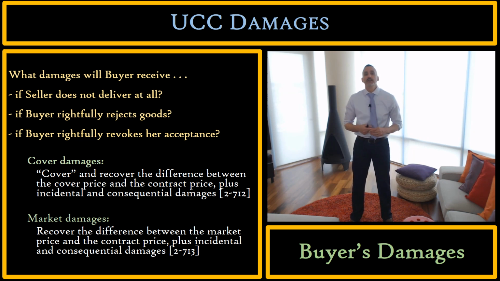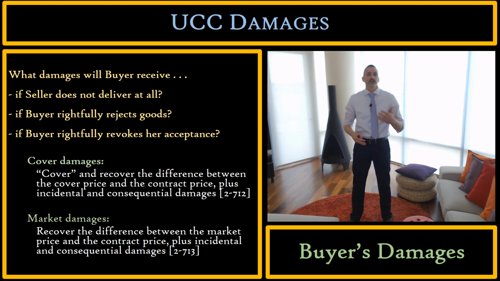Well, what if buyer doesn't actually go out and cover? Well, she still gets damages based on cover, but she doesn't actually go out and cover. So what we say is, if she had gone out and covered, if she had actually gone out and bought those goods from another source, how much would it cost her? And then we look at the market price of the goods at the time of breach. So once again, same fact pattern.